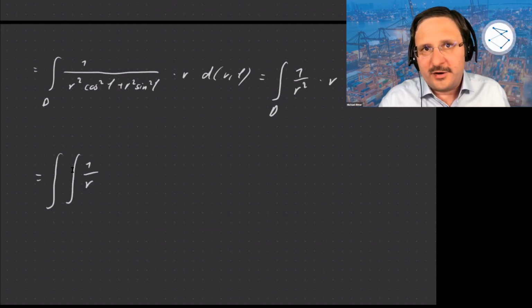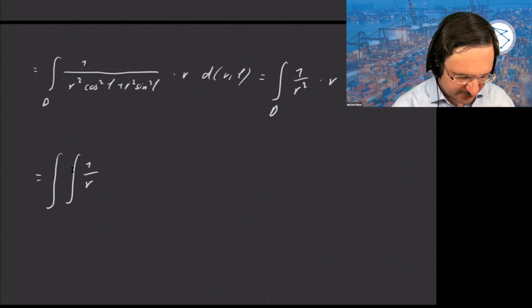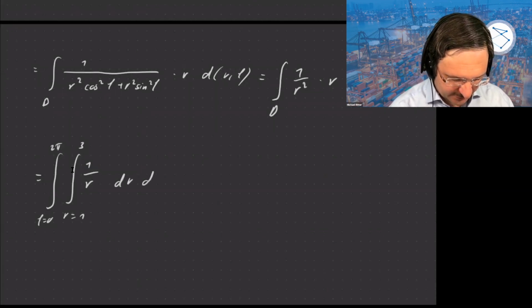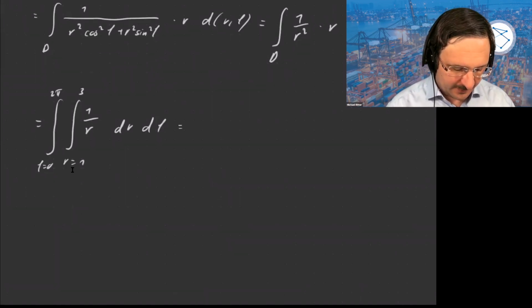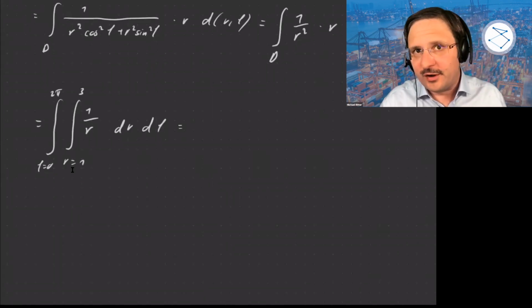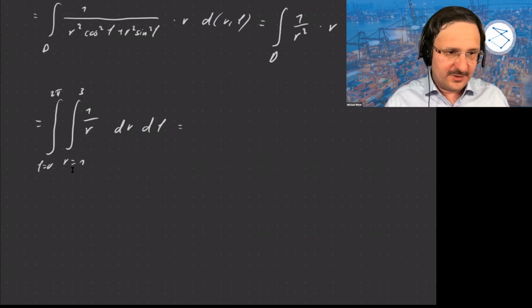Basically, the order of integration is up to us now. Let's get this r out of the way first. So let's integrate r from 1 to 3 first, and then phi from 0 to 2 pi, dr dphi. Okay, and if you want to do this, well, the integral of 1 over r is the ln, the natural logarithm.